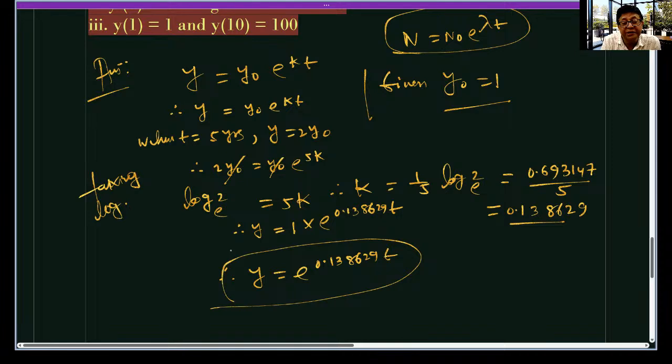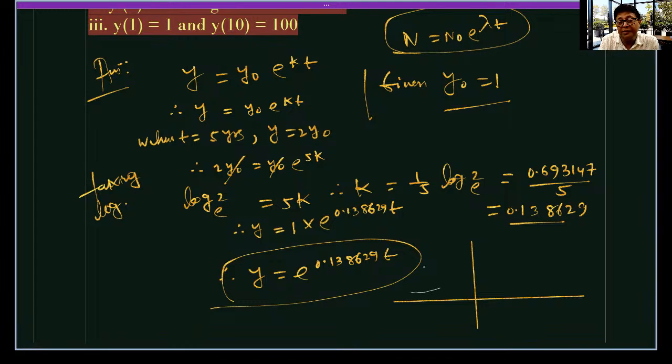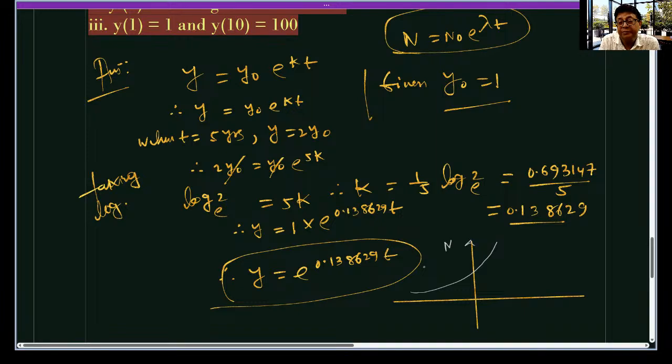It goes on increasing. The graph I already showed you. Whenever exponential growth is there, the graph will be like this. It goes on increasing. This is N and this is T. Alright?